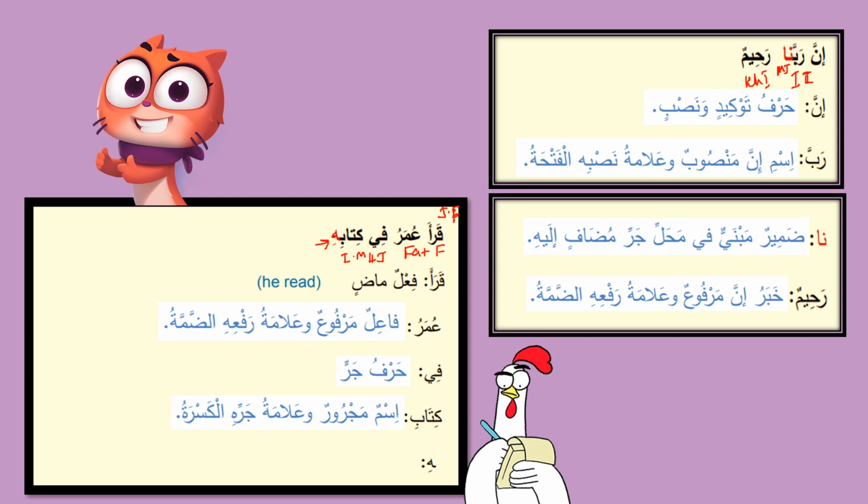And now the damir that is attached with the noun kitab: you don't have to think that kitab is ism majroor. So what should be the position of the pronoun? Don't make this mistake. Just see that the damir is attached with the noun kitab. So your i'rab of damir will be damir mabni fi mahall jar mudaf ilayh. Why mudaf ilayh? Because it is attached with the noun.